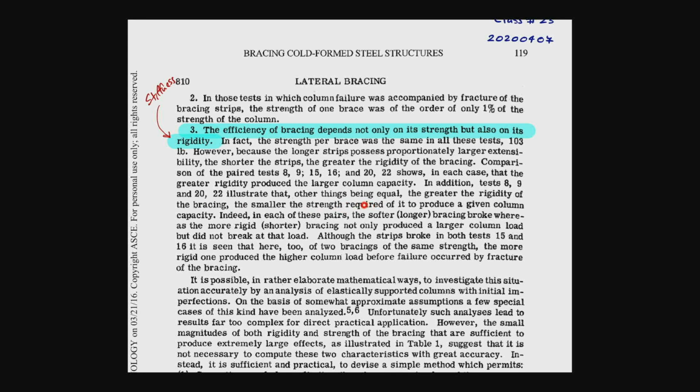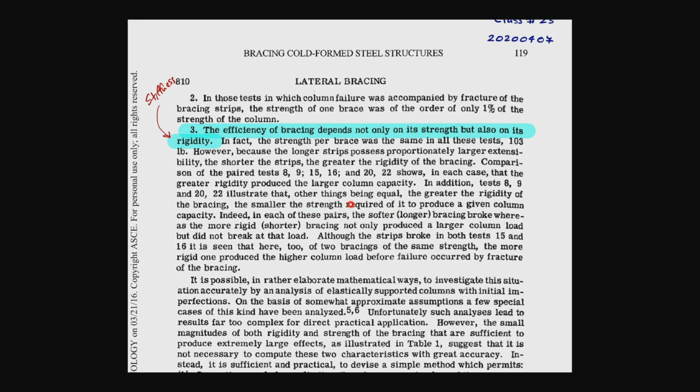For this, we have the constant strength, and then we have the different column load. In contrast, if we decide to get the same column load, we will need less bracing strength, right?